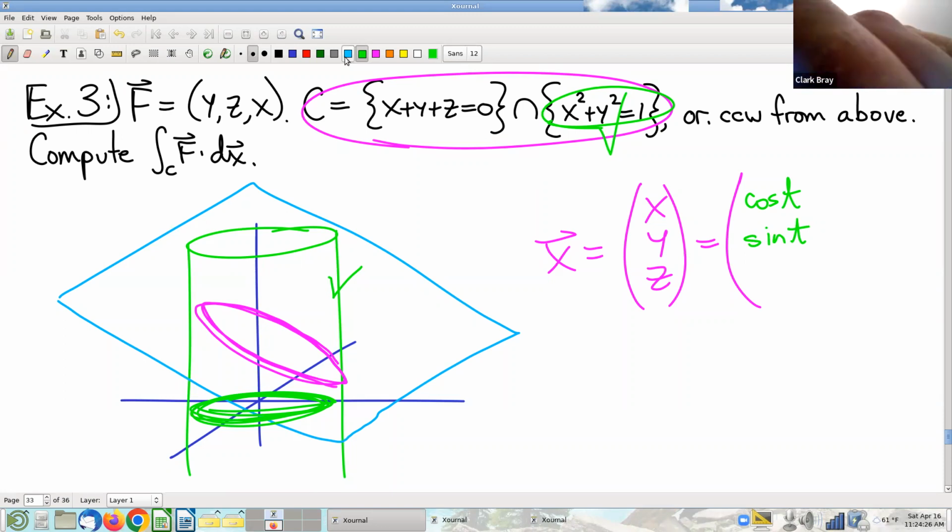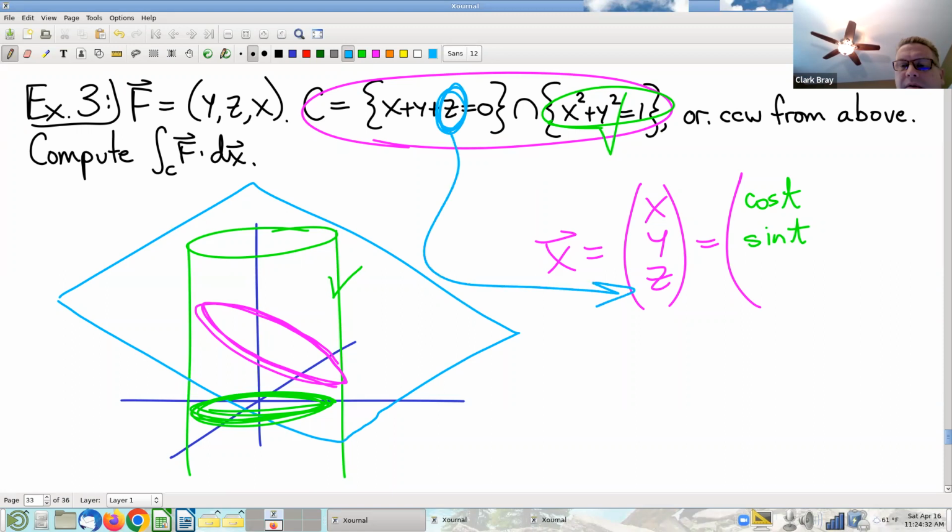The Z coordinate, I can notice right there, in order to make sure that I stay on the plane, which of course I must, Z is apparently going to have to be negative X minus Y. And so I can just say minus cosine T minus sine T. And there you go.